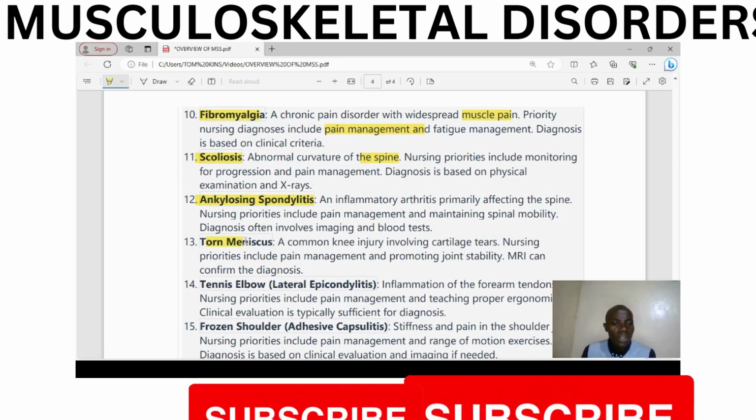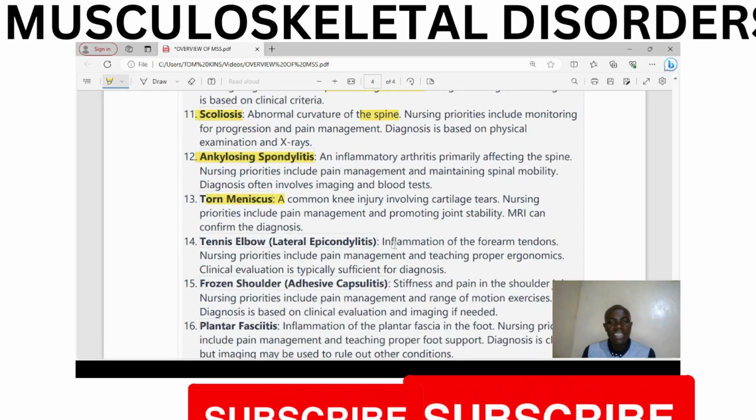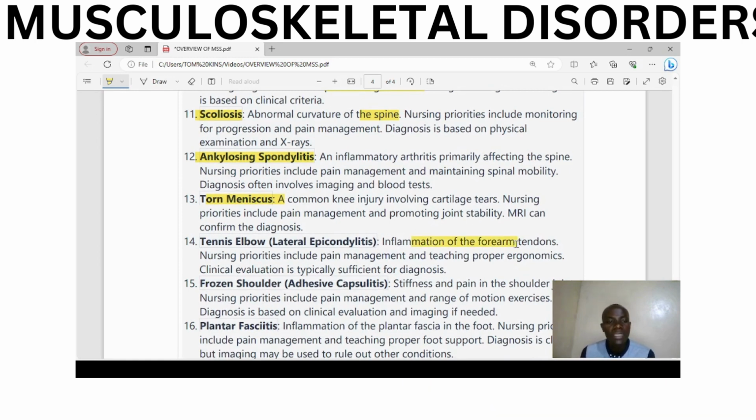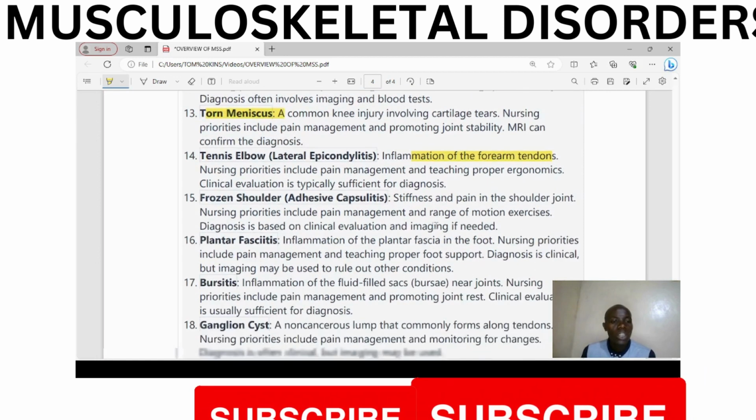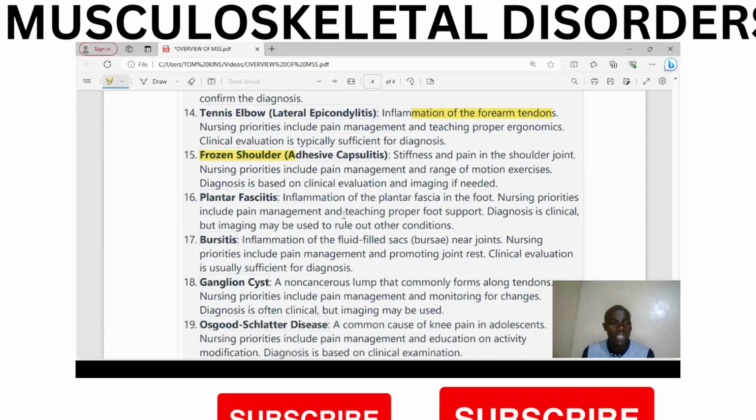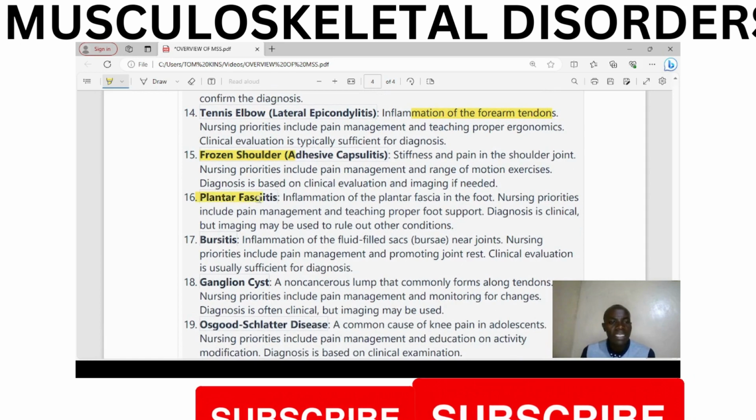Then you have torn meniscus, a common knee injury involving cartilage tears. We have tennis elbow, or lateral epicondylitis, inflammation of the forearm tendons. Then you have frozen shoulder, or adhesive capsulitis, stiffness and pain in the shoulder joint. We have plantar fasciitis, inflammation of the plantar fascia in the foot.